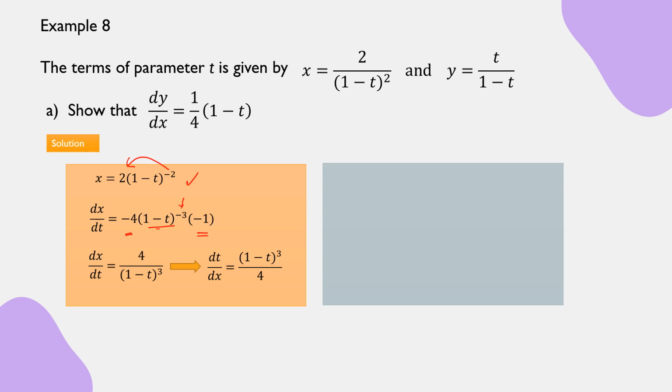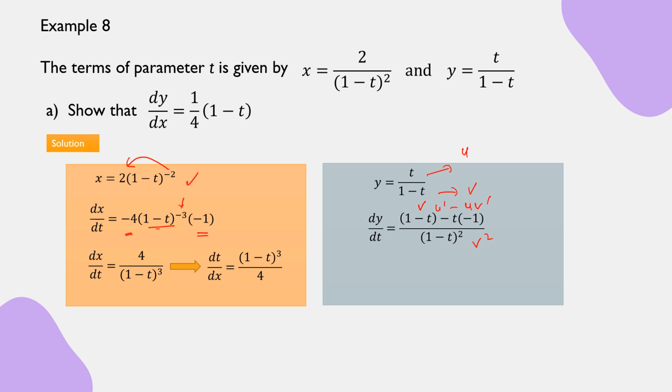Okay, next find dy/dt. y equals t over (1 minus t). This is u, this is v, and then we use the quotient rule: (v u prime minus u v prime) over v squared.